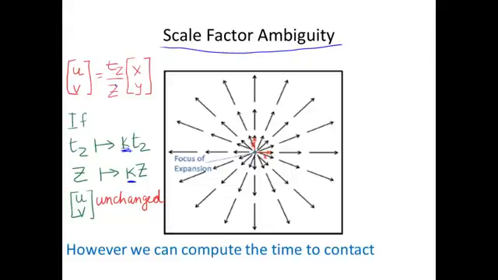This tells us that we have no hope of recovering the absolute speed tz or the absolute depth z. In a sense, this is bad news, because our goal was to use the optical flow field to tell us something about depth in the scene, and there is no way out. There is no way to recover absolute depth in meters and absolute speed in meters per second.